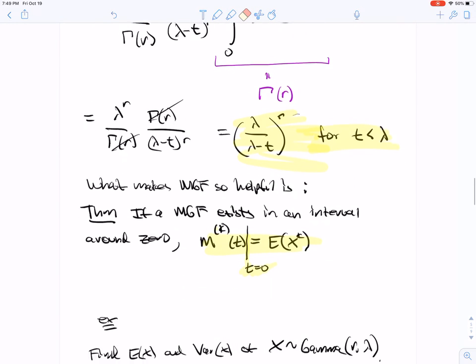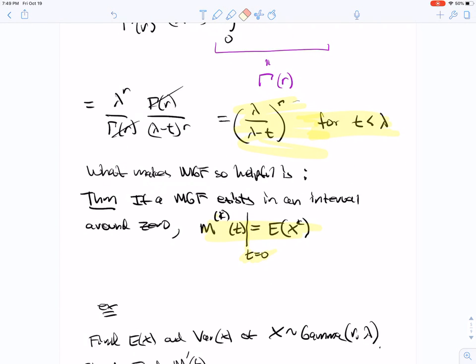So what makes the moment generating function so helpful is the following theorem. If a moment generating function exists in an interval around 0, then the kth derivative of the moment generating function evaluated at t equals 0 is the kth moment.